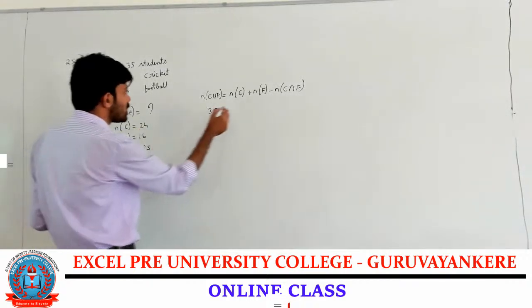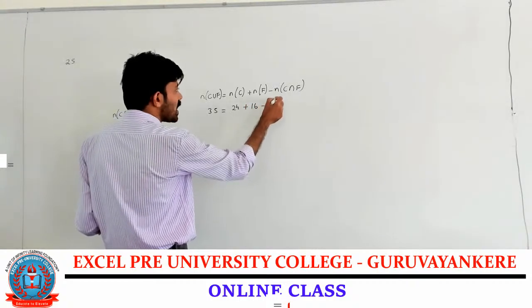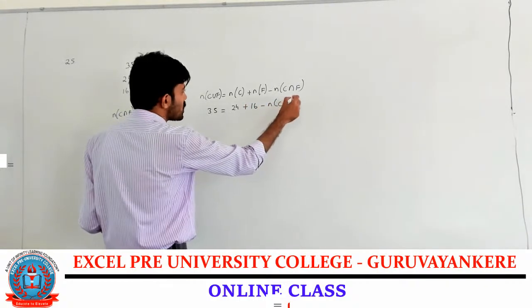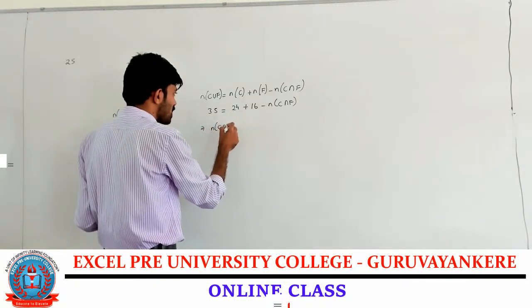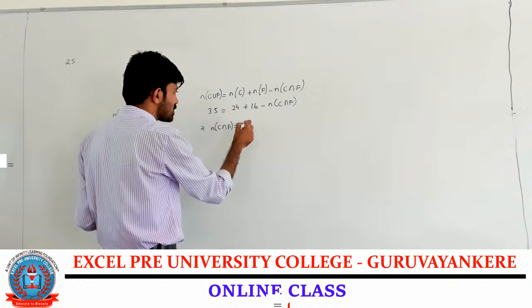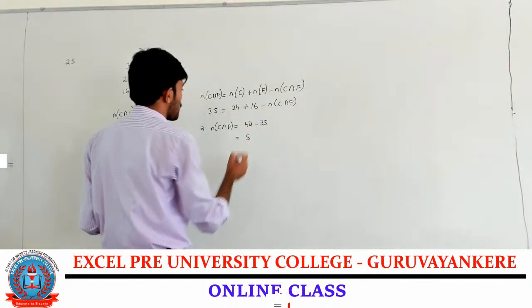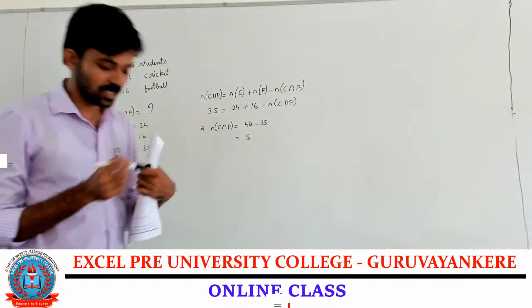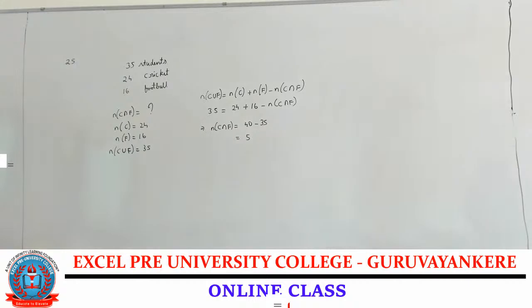N of C is 24, N of F is 16, N of C intersection F you have to find out. From this, N of C intersection F is 24 plus 16 is 40, minus 35, is equal to 5. Correct? Very simple question for 3 marks. Write the data properly and answer the question.